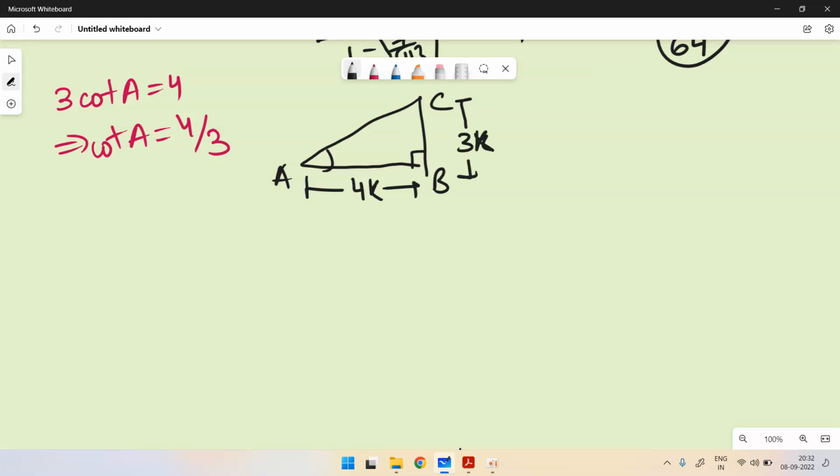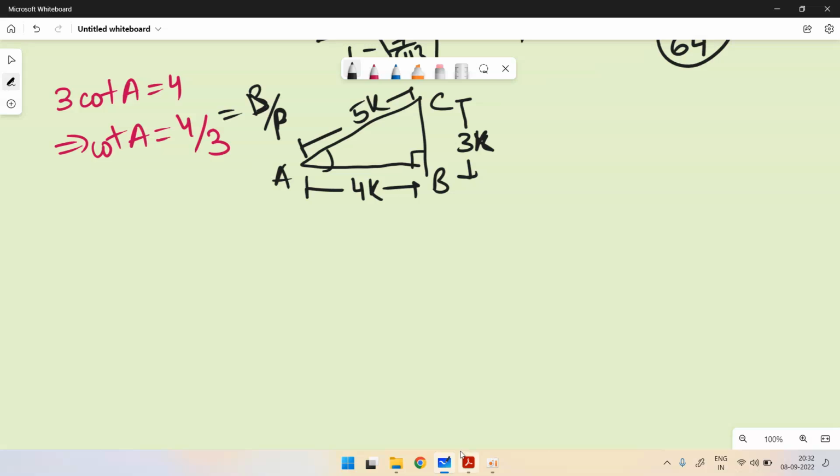This is because cot A is base by perpendicular. If you apply the Pythagoras theorem, 3 square is 9, 4 square is 16, 9 plus 16 is 25k square, which if you take under root, will be 5k.